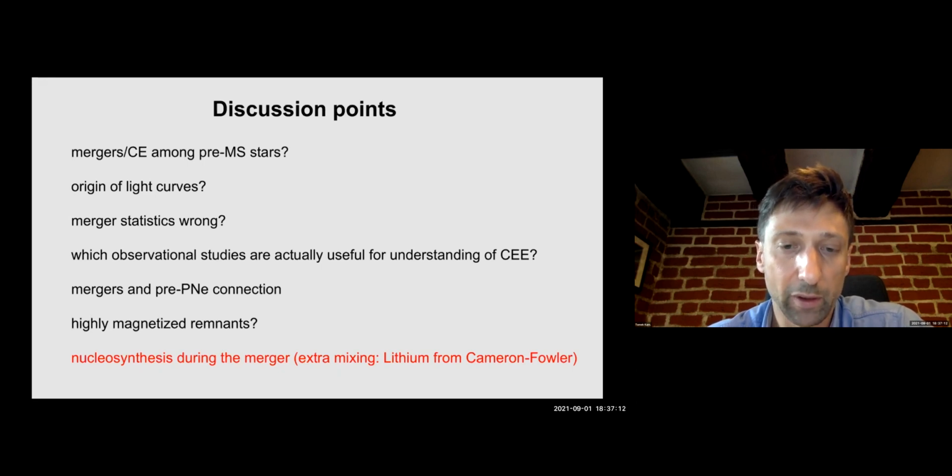So I'm wondering whether the modelers who attack the problem of common envelope can actually test whether there is some extra mixing that would produce an enhanced amount of lithium that actually can be observed in the spectra of those objects that are expected to be recent merger remnants. Is that possible? Is that feasible?